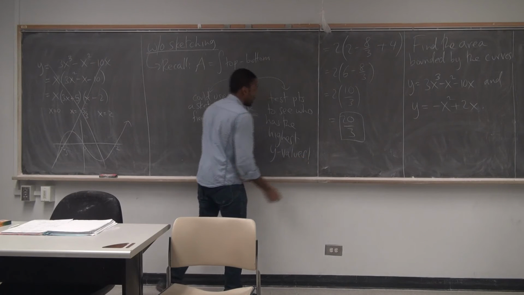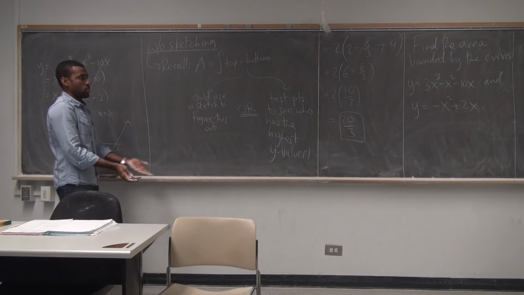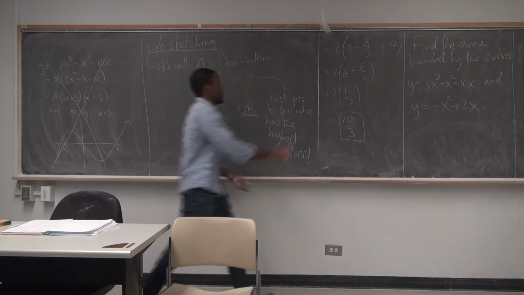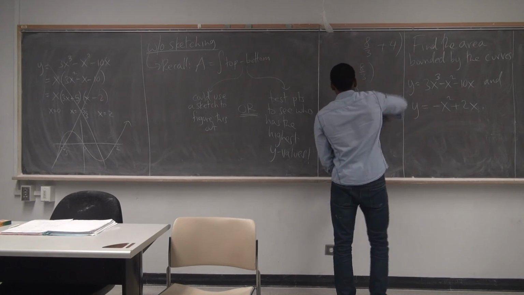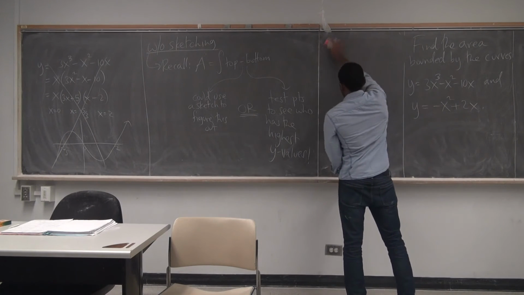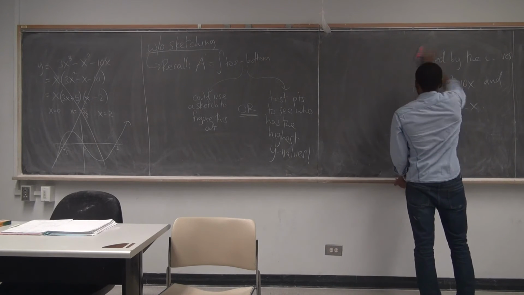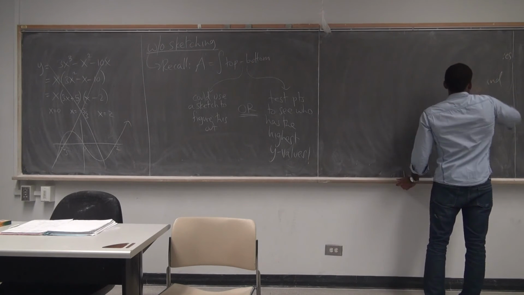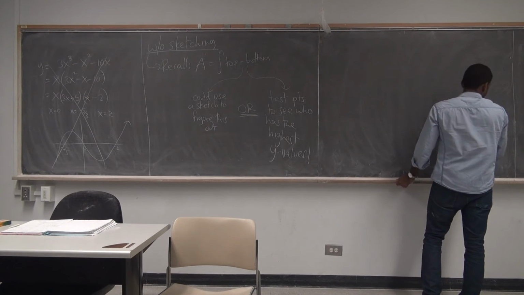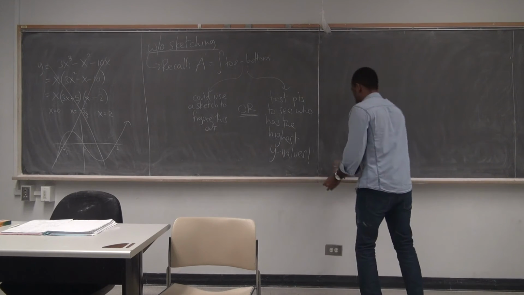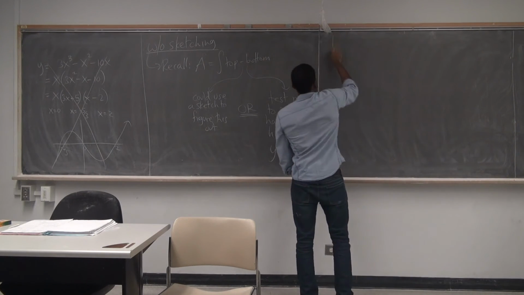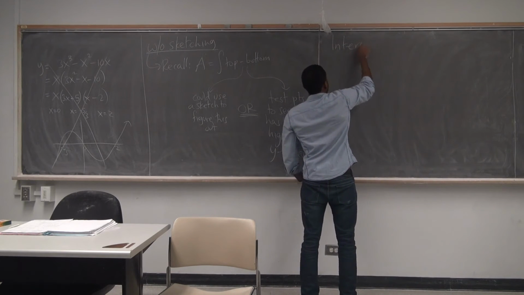Without a sketch, you can figure out who's on top and who's on bottom by seeing who has the highest y values. So let's test the points. But now the question is, what points do we test? Well, I wasn't given any interval to test on, so let's just find the intersections and test around those.